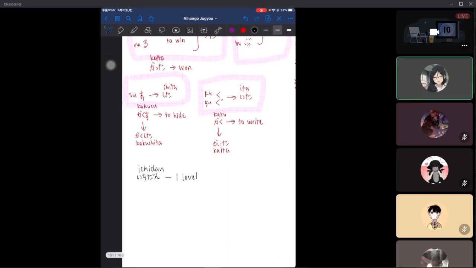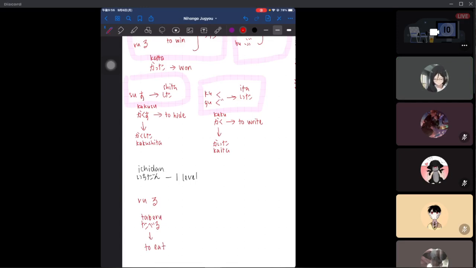This one level group, basically it only ends with the hiragana ru. For example, like taberu, the one that I just did, taberu, which means to eat.